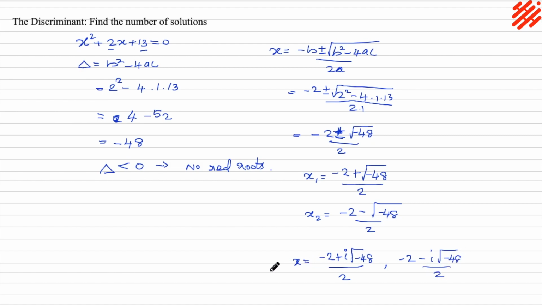So these are the two imaginary roots. Whenever the discriminant delta is less than 0, it has no real roots, meaning it has imaginary roots. So these are the imaginary root 1 and root 2.